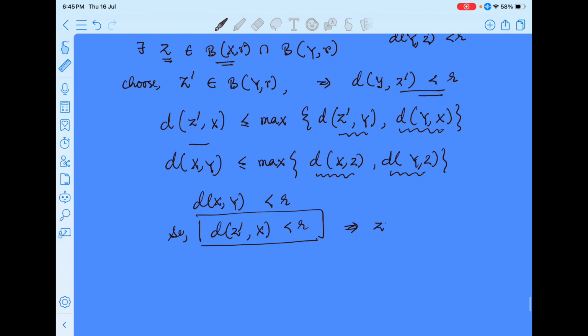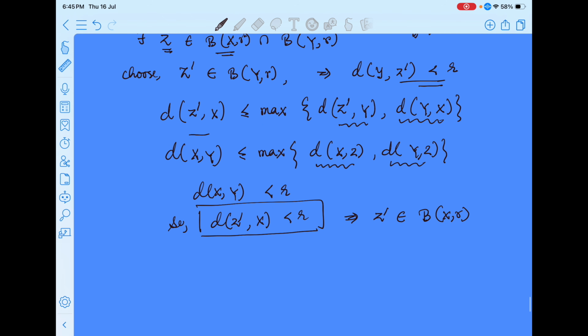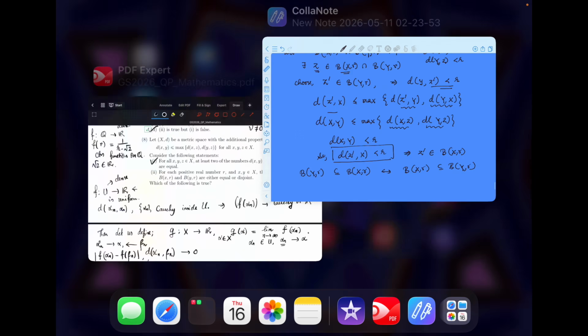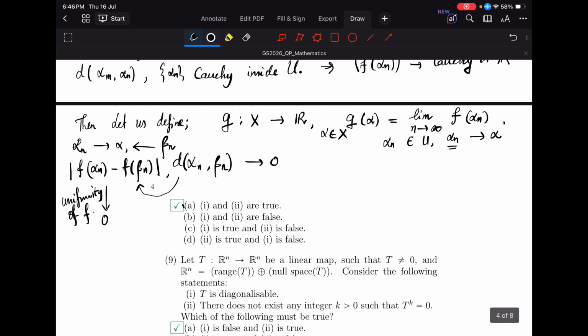This implies that z prime is inside B of x comma r. So we picked an element from B y comma r, and we showed that B of y comma r is inside B of x comma r. Similarly, by symmetry you can show that B of x comma r is inside B of y comma r. So they have to be equal if the intersection is non-empty. So this implies they are either equal or disjoint. Yeah, this is correct. So first option is true.